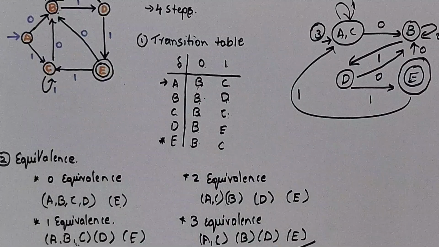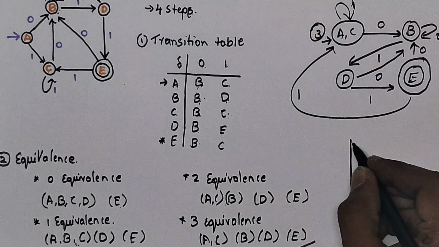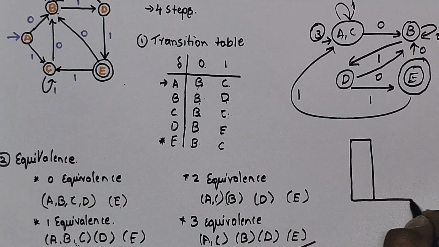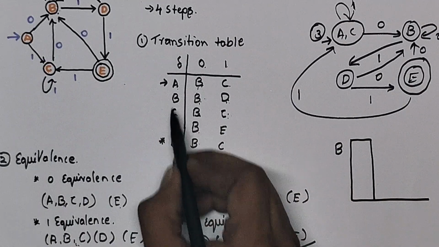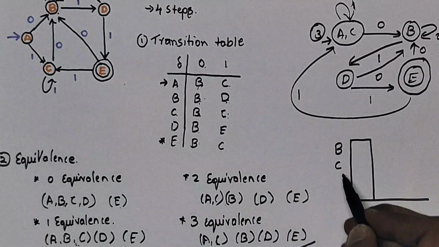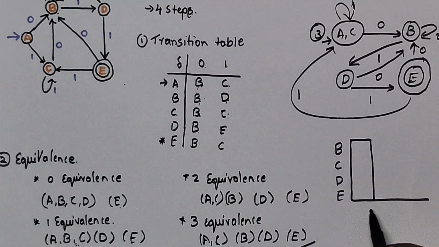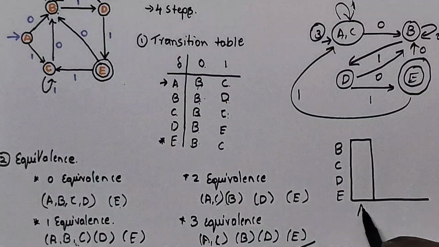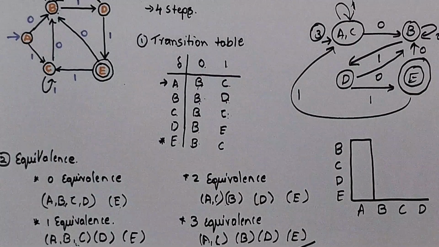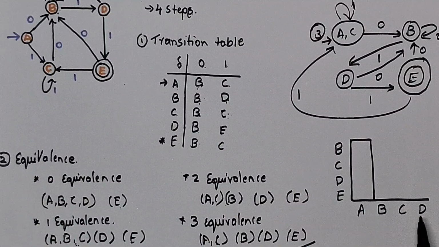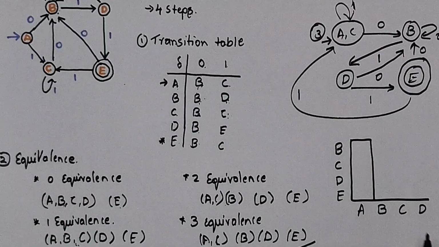At the last step, you can write them in table format like this. Let's start from B. We will ignore the initial state A and write B, C, D and E. On this side we start from the initial state A, B, C, D, but we leave out the final state.